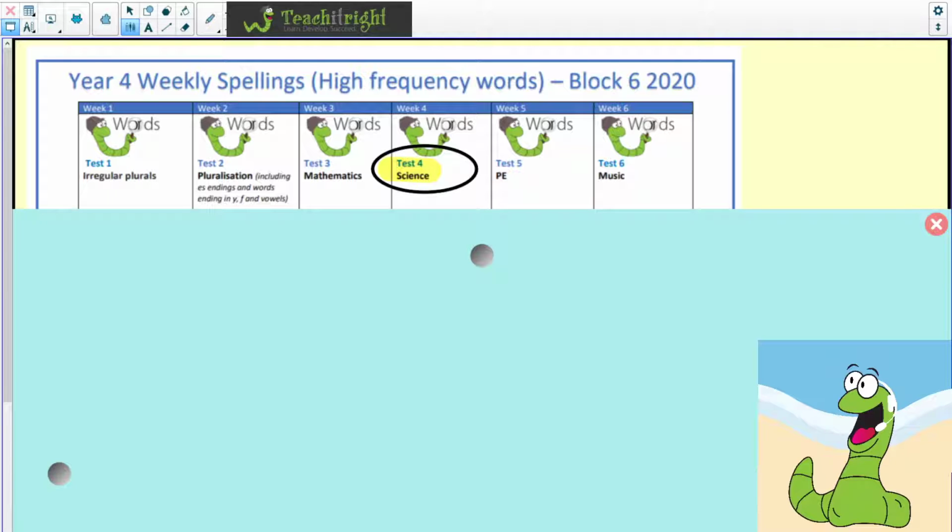Element. Number 5 is mammal. Write the word mammal. Number 6, fairly tricky little word this one, so just be careful. Particles. Particles. Write the word particles.